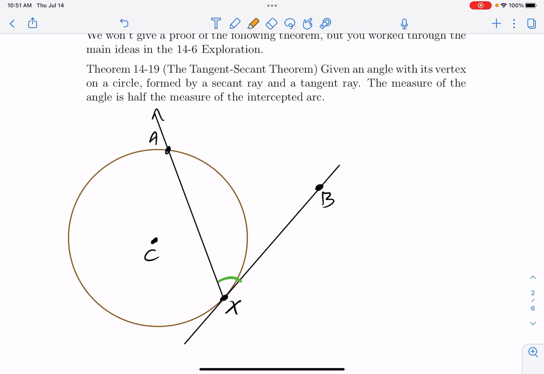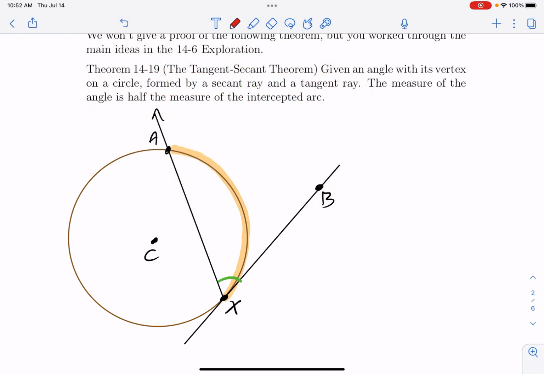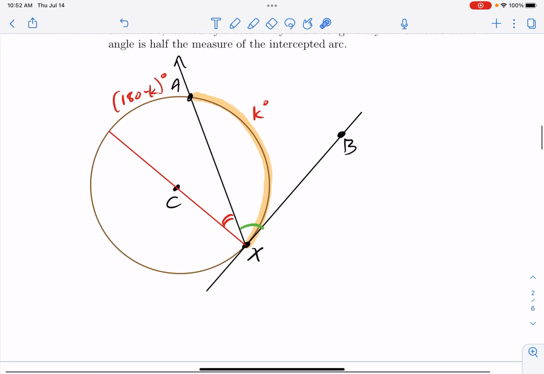So here's the idea. Let's suppose we have this intercepted arc, and let's suppose that I know that this is, let's say, k degrees. I'm going to draw in a diameter like so. We know this entire semicircle is 180. So this would be 180 minus k degrees. This angle right here is an inscribed angle, so that's half as much.